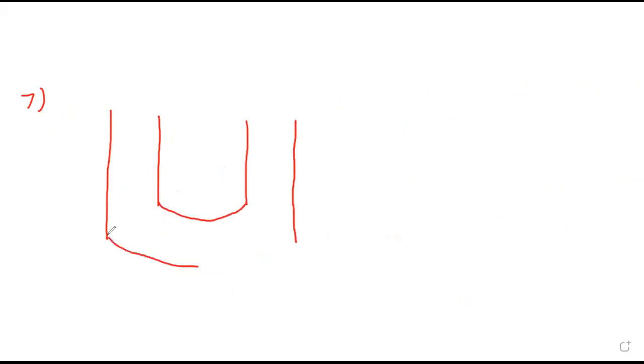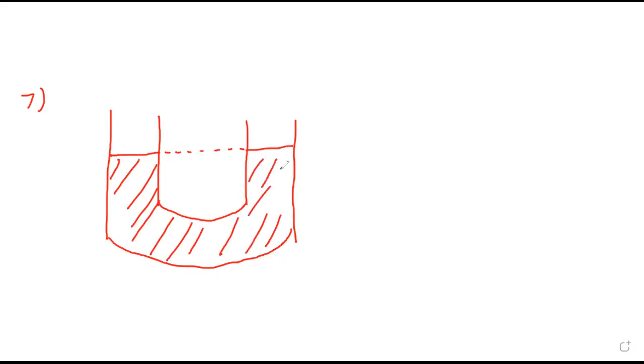7. A simple U-tube contains mercury to same level in both of its arms. This is U-tube. It is containing mercury up to the same level in both the arms.